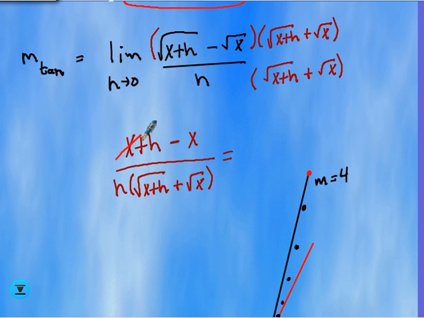On top, x cancels with x and leaves you with simply an h. On bottom, you have h times stuff. I'm going to erase this.